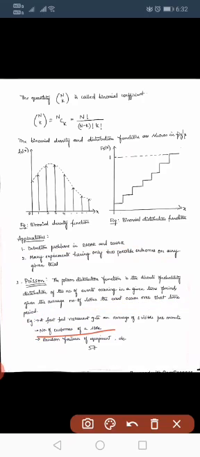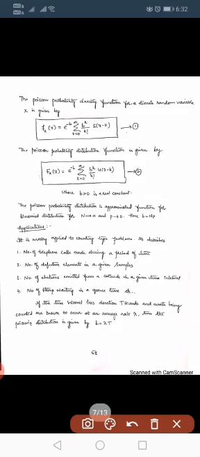Okay, here a fast food restaurant gets an average of 3 visitors per minute. On an average, 3 visitors are visiting the restaurant per minute. Next, we define the Poisson probability density and probability distribution functions.